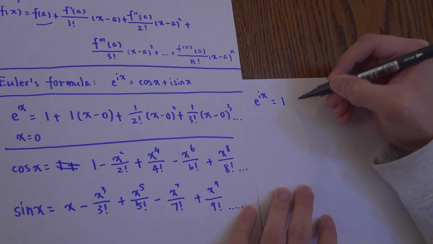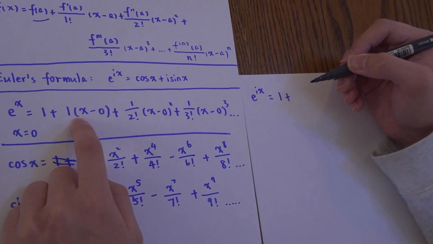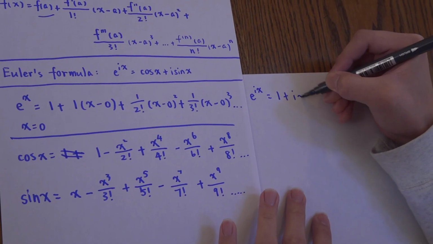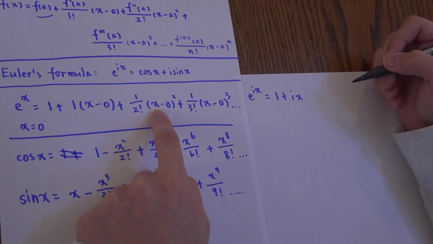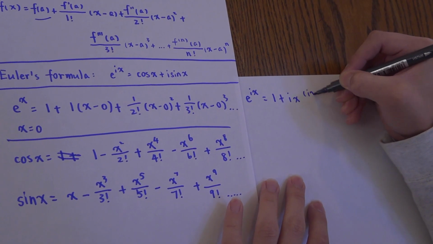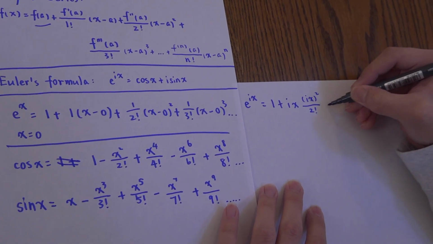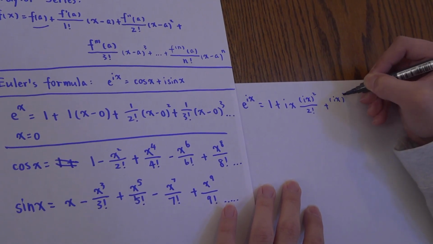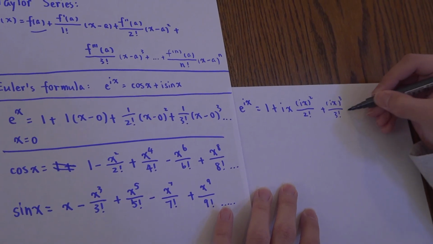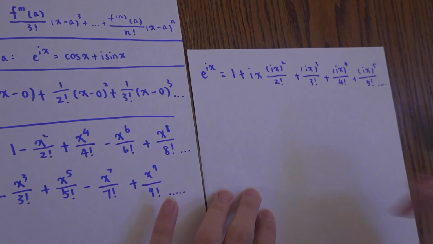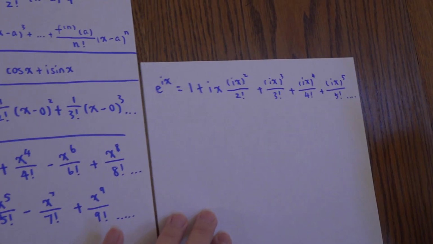The first term will still be 1, and then plus the second term, which is ix. Then the third term is basically (ix) squared over 2 factorial. And then plus (ix) cubed over 3 factorial. After we plug those in, this becomes the new equation.